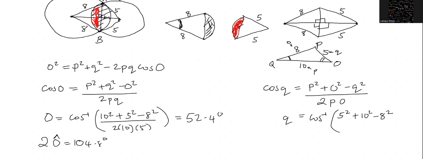So P squared is 10 squared, O squared is 8 squared, Q squared is 5 squared.